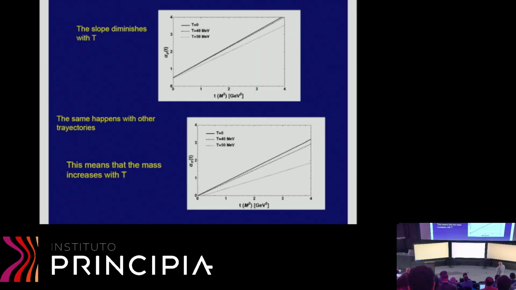And it turns out that the slope of the Regge trajectory becomes smaller. It decreases a little bit as function of temperature. And this happens also for other Regge trajectories. For the pi, if we parameterize in terms of the parameters of the pion Regge trajectory, you see that the slope becomes smaller. This means that the mass becomes bigger as function of temperature because the angular momentum cannot change.